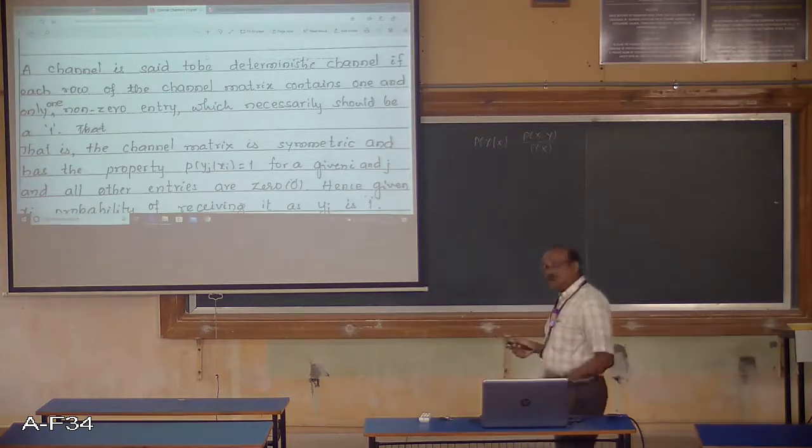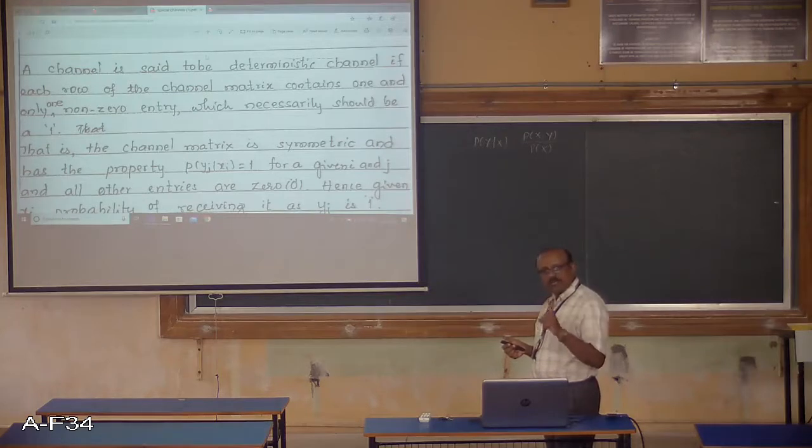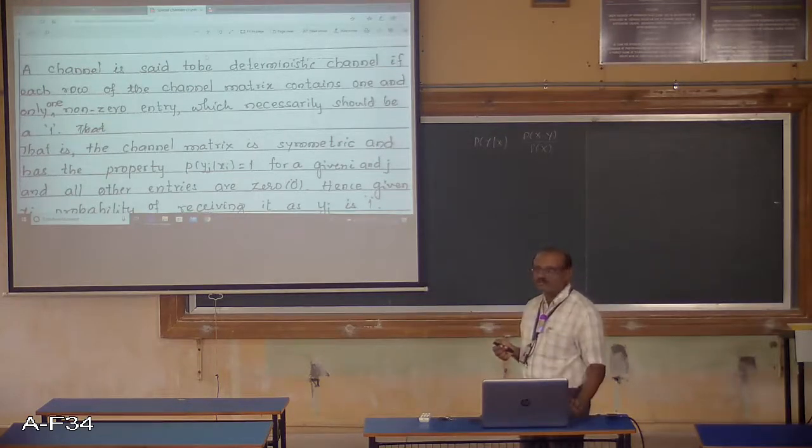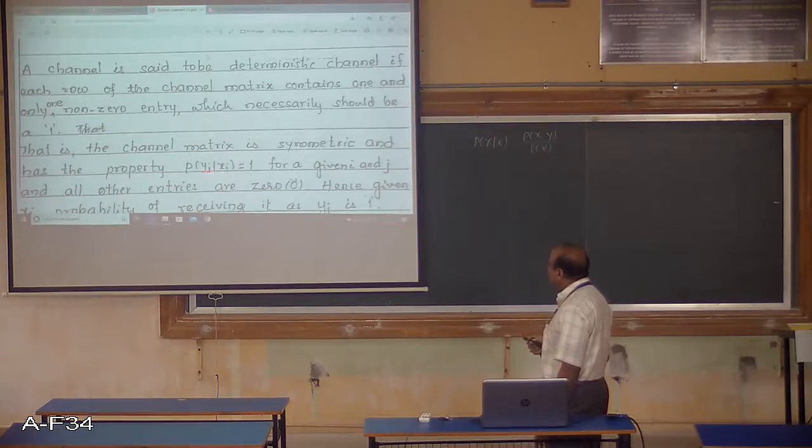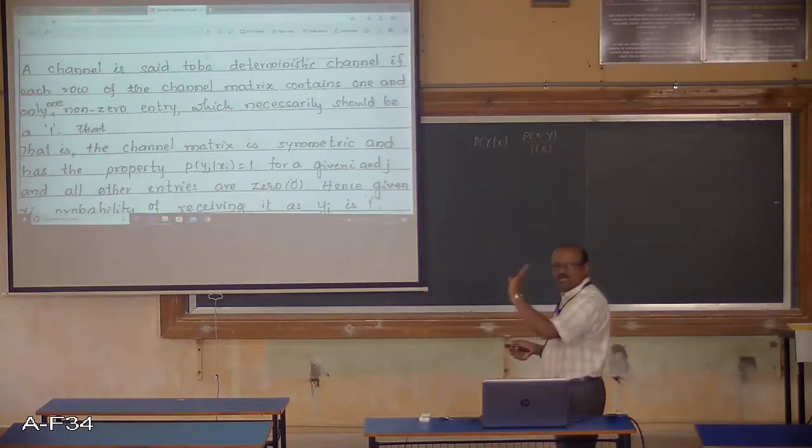All the remaining elements being 0 means such a reception is not possible, and the only possible reception has probability 1. That is why it is called deterministic. That is, P of y given x is 1 only for a given i and j. For this transmission there is this reception, and no other reception is possible.